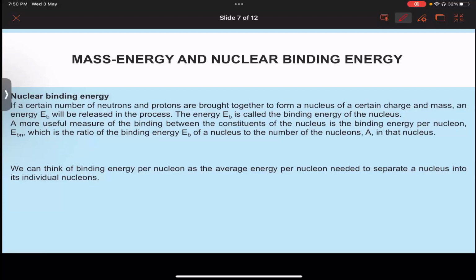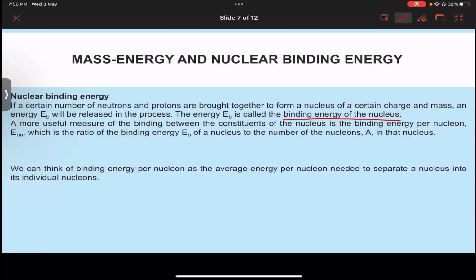So this is called the binding energy of the nucleus. When you bring these protons and neutrons together to form a nucleus, EB is released.